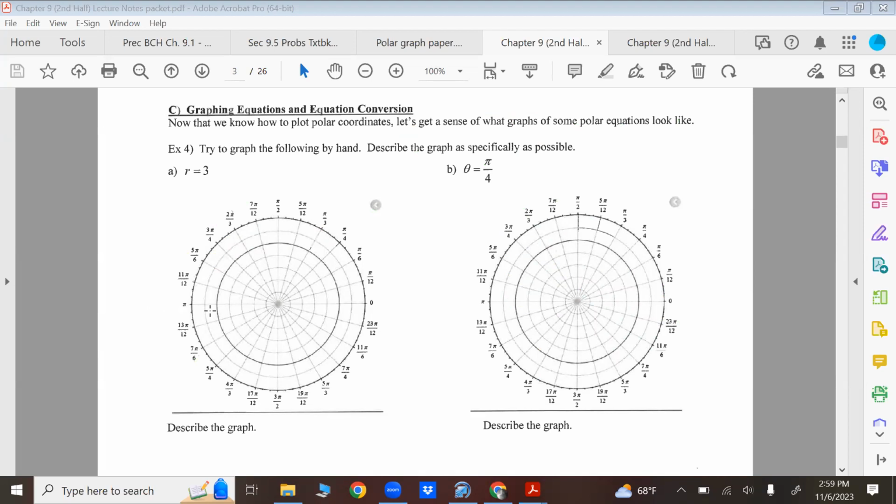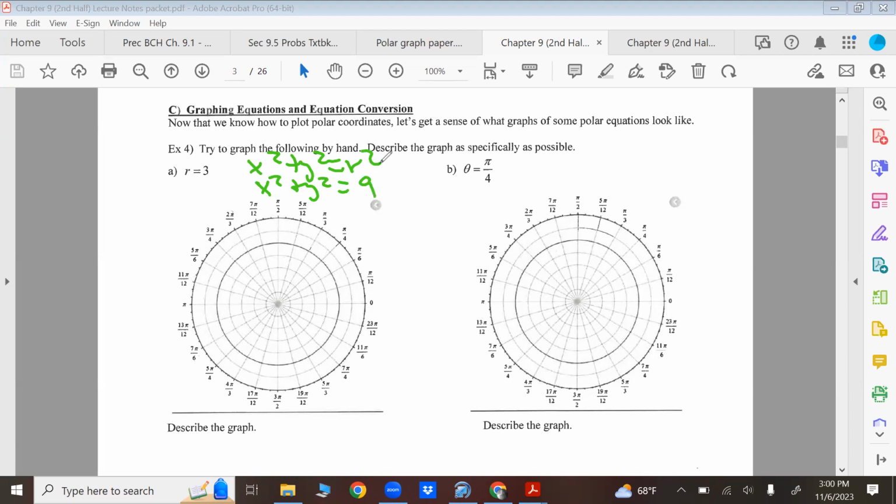So here's what we're going to do. You're going to figure out what these graphs will look like: r equals 3, or theta equals pi over 4. Well, r equals 3. Remember, we had x squared plus y squared equals r squared. So that really means x squared plus y squared equals 9.